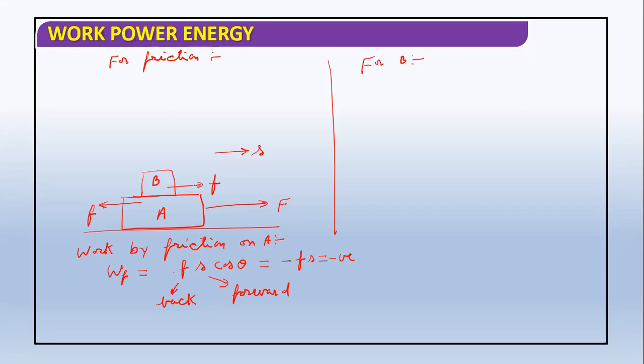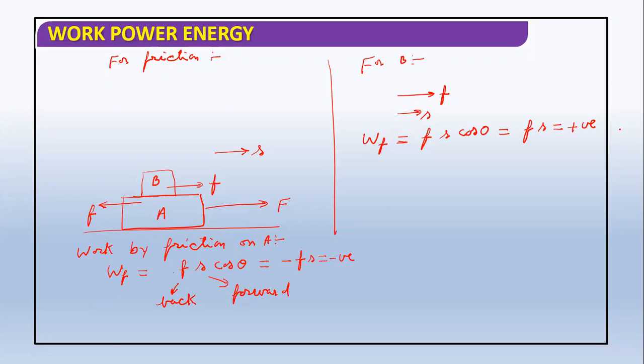Now for B, the friction is forward and the displacement is also forward. So work done by friction on B will be F into S cos 0. So it will be Fs, that is positive.